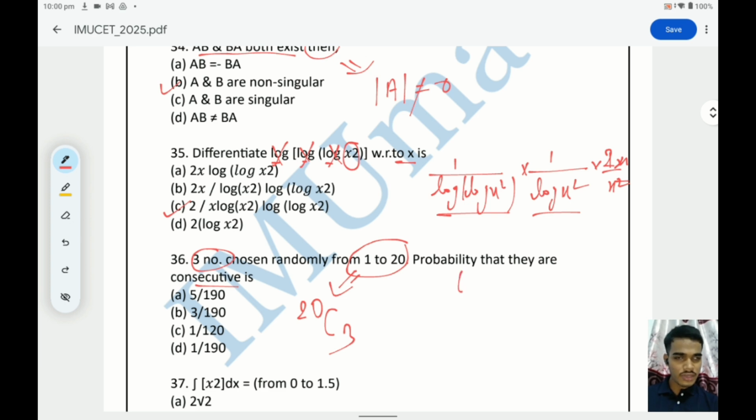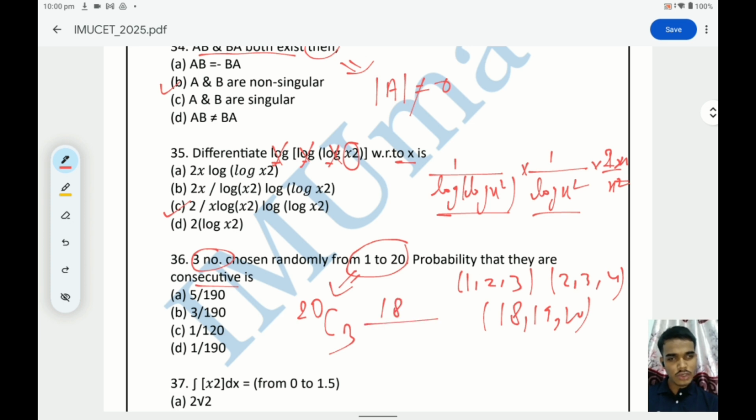Just like 1 2 3, consecutive means one after another, 2 3 4. So we can go till 18 19 20. It means a total of 18 options are available. So our answer will be 18 upon 20C3, and its value is 1140. So 18 upon 1140 is the correct answer, and if we solve it, we will get 3 upon 190. 6 times 3 and 6 times 190.